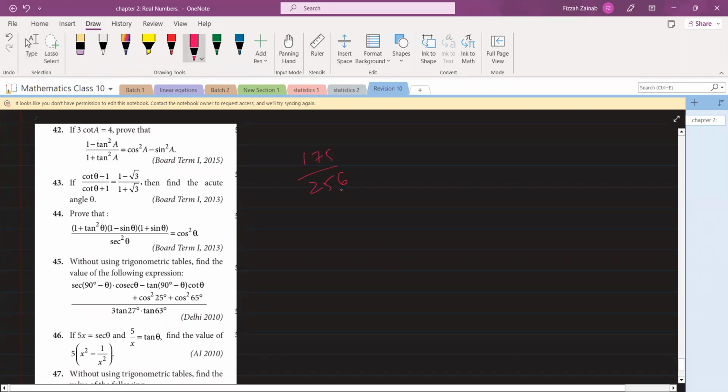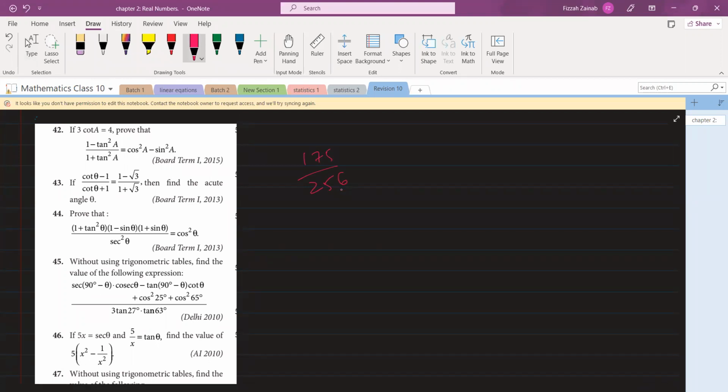Let me recheck, ma'am. I don't think it's right. Let me just check. So 1 minus tan square, that means 1 minus 3 by 4 whole square, right? Then 1 plus tan square.